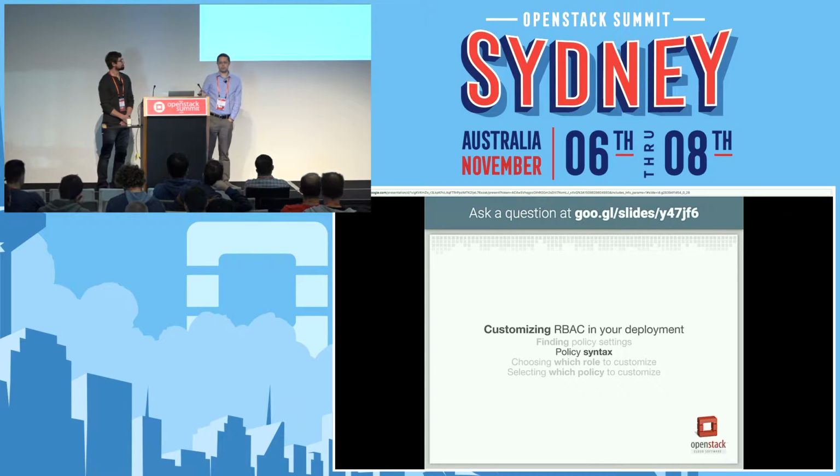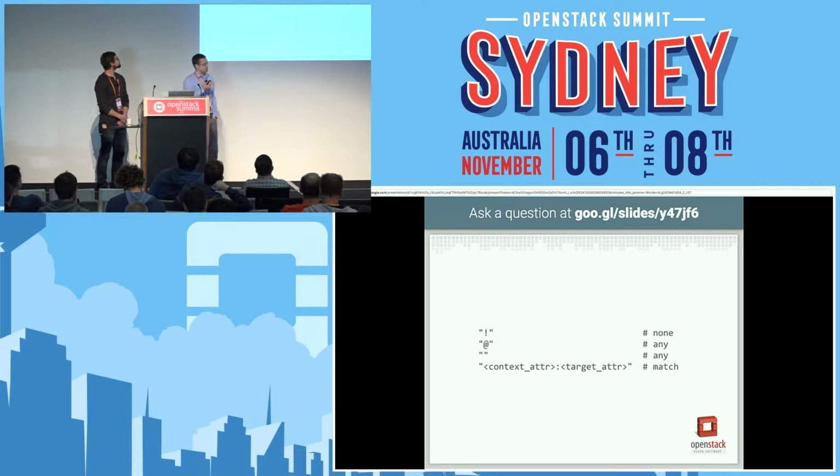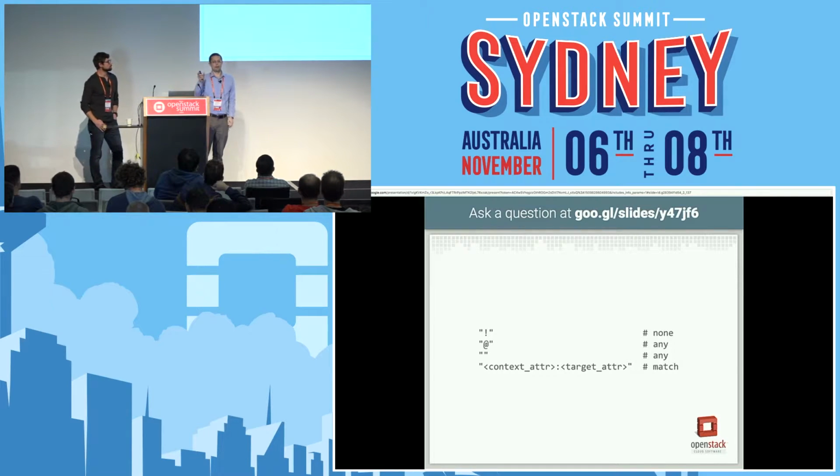Next thing is actually what's the syntax like for these policy rules? In the example that Lance showed earlier, the check string was on the right side of things. You've got the actual rule name, such as identity:create_service, and then on the right, you had the rule that said role:admin.